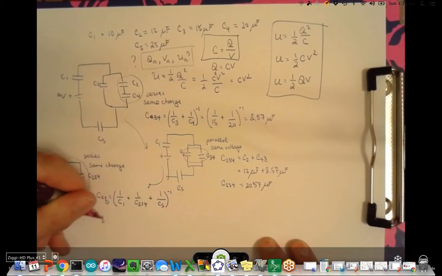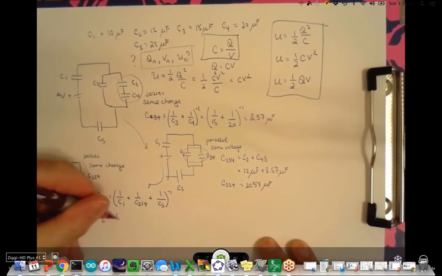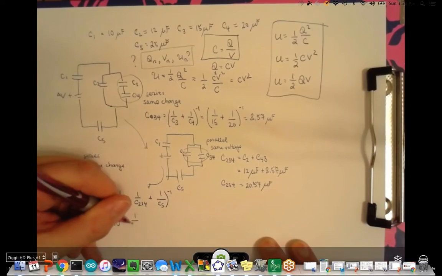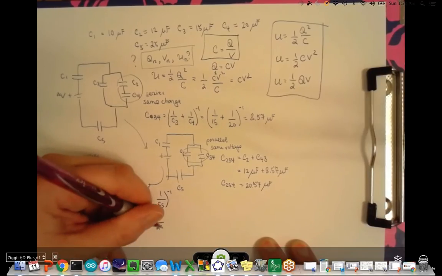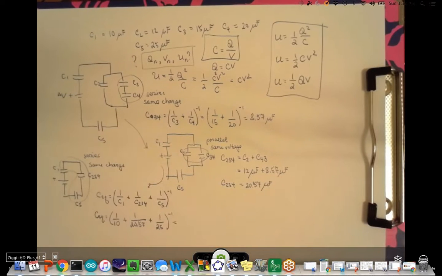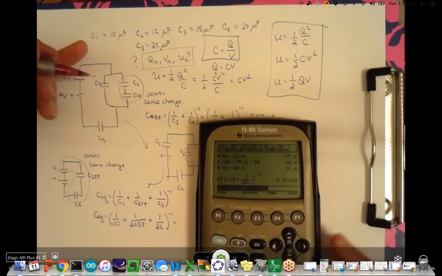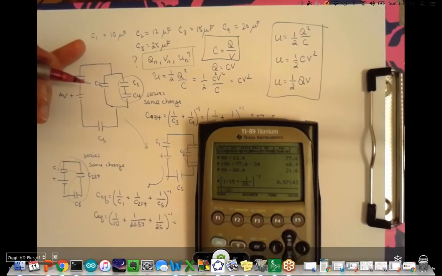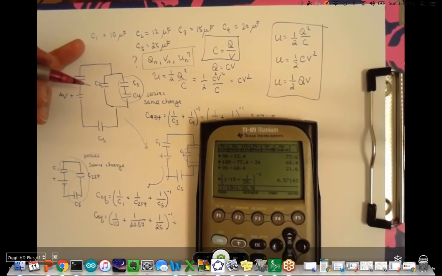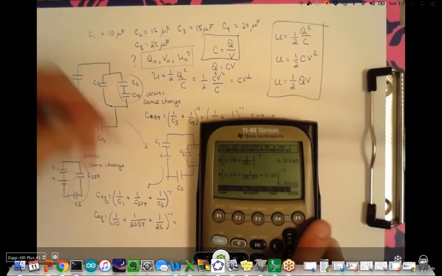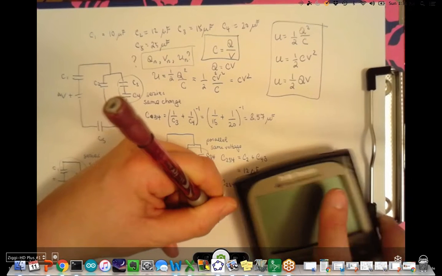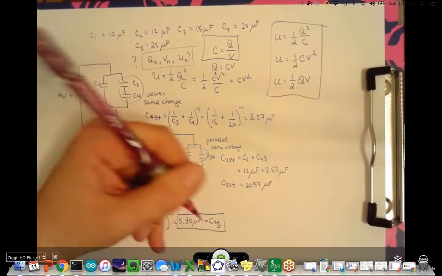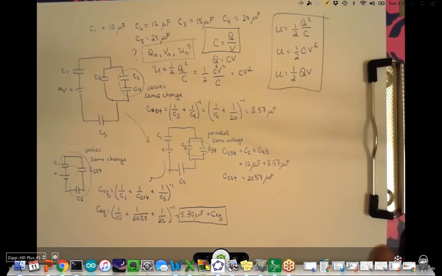So C equivalent is 1 over 10 plus 1 over 20.57 plus 1 over 25, to the minus 1 power, which gives 5.30 microfarads. So this is our C equivalent, the equivalent capacitance of the entire circuit.